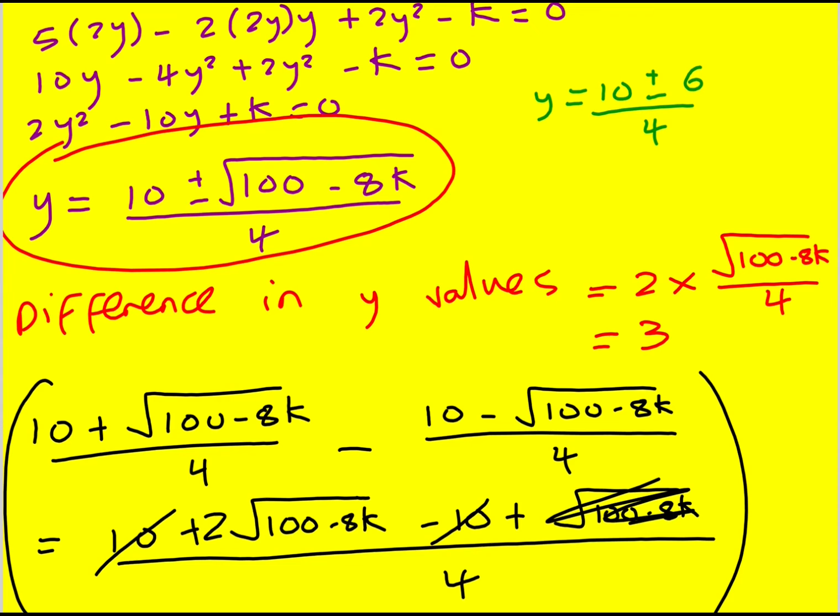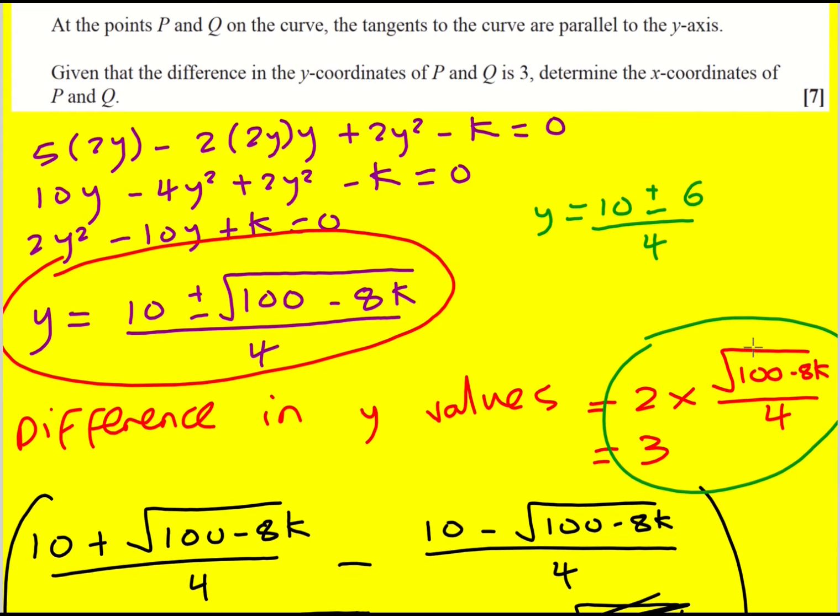And in fact, you could have used that from here. You could have used the fact that root 100 minus 8k over 4 is 3 over 2. We've got the 6 over 4, but I think it's just as easy and a bit more clear to see. Let's just sub it in. So I'm going to get 16 over 4, which is 4, or, is it, 10 minus 6 is 4. 4 over 4 is 1.